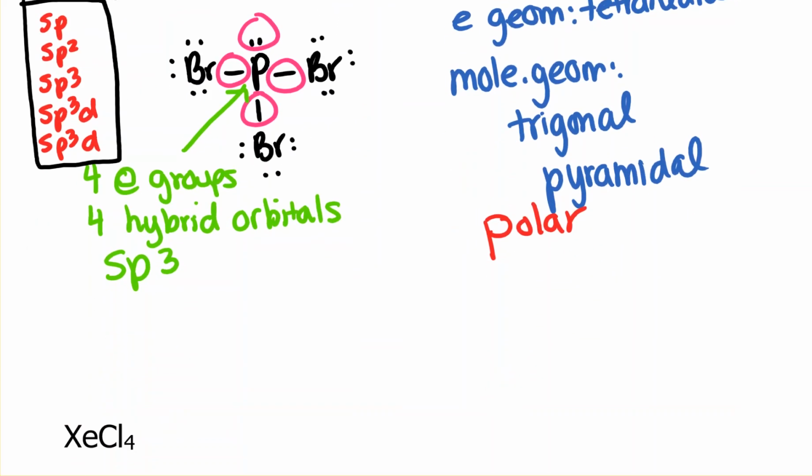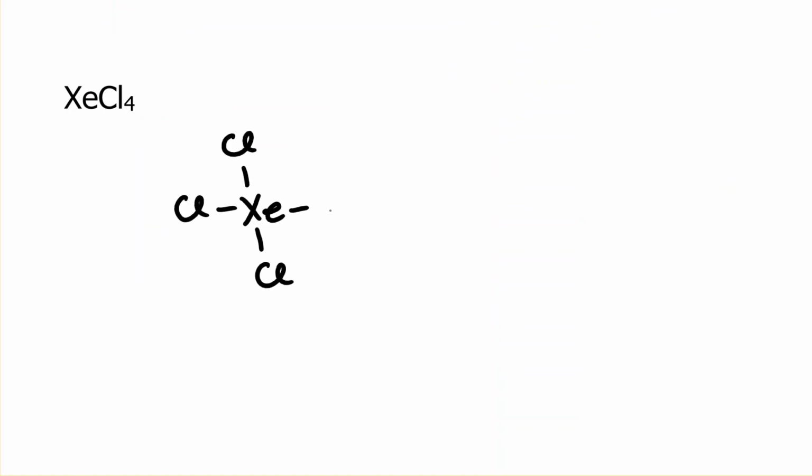Let's try another one. We're going to start with our different one in the middle. I need to count my valence electrons. Xenon has 8. Chlorine 7, that gives me 36 valence electrons.